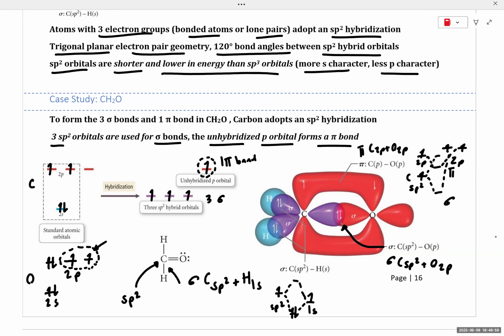And then we also end up with the sigma star and pi star respectively. Let me draw those with the correct scaling. There we go.